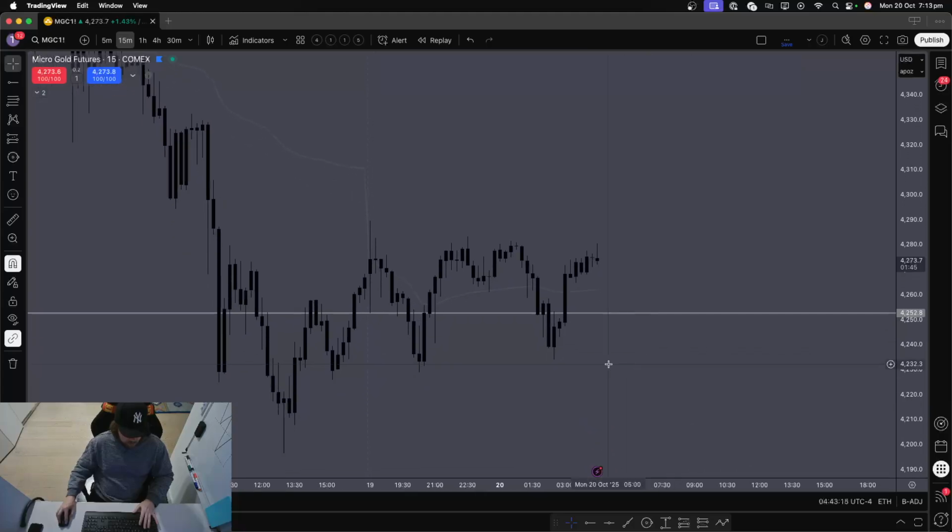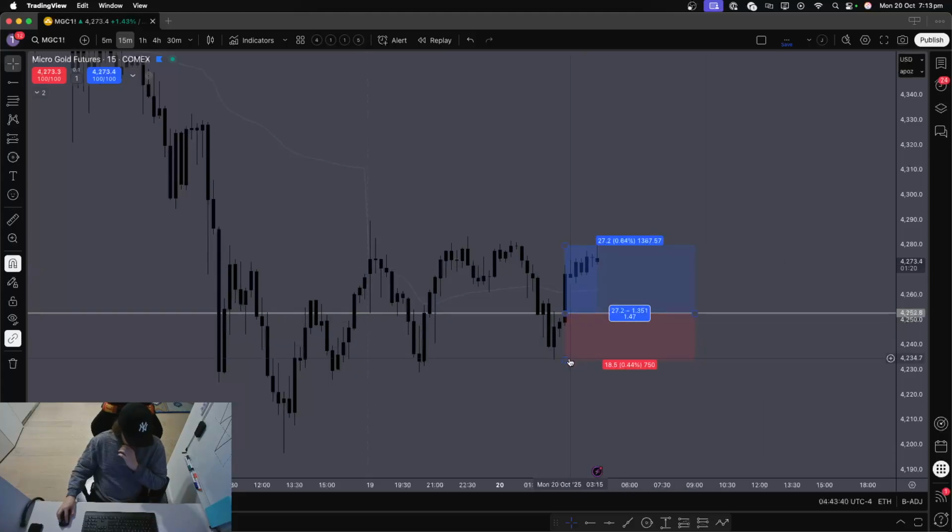But the fact that price didn't break this low gave me confidence to enter a trade. So I basically entered a trade directly on this level, and I came out basically there, right?